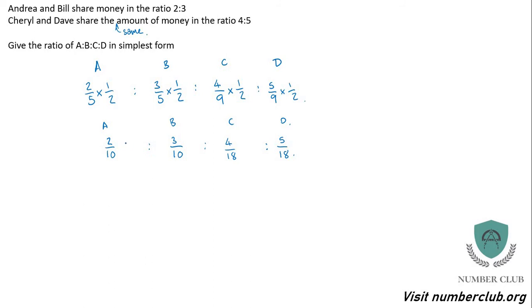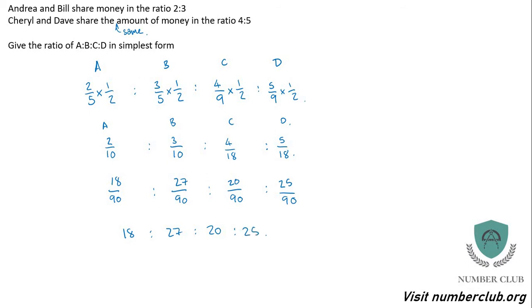I'm going to multiply these fractions by 9 over 9 to get 90ths, which will be a really nice number to deal with. 2 multiplied by 9 is 18, 3 multiplied by 9 is 27. 18 goes into 90 five times, so we multiply by 5 here, which gives 20 and 25. And we get 18 to 27 to 20 to 25.